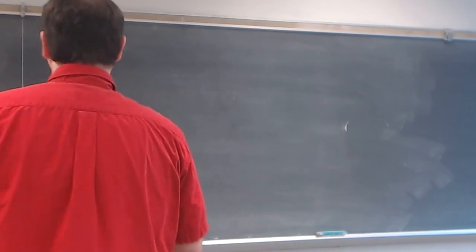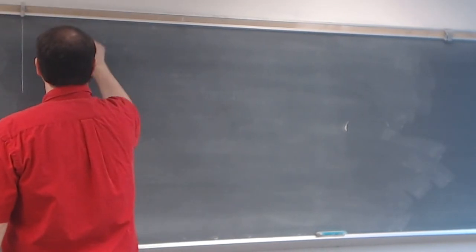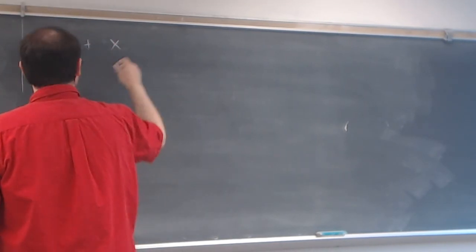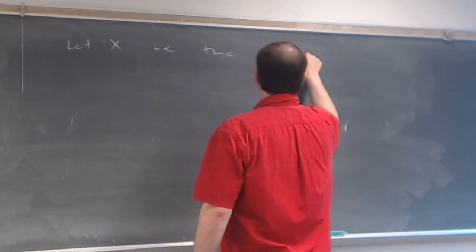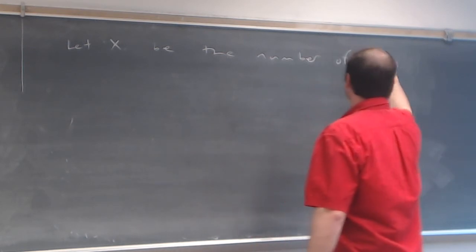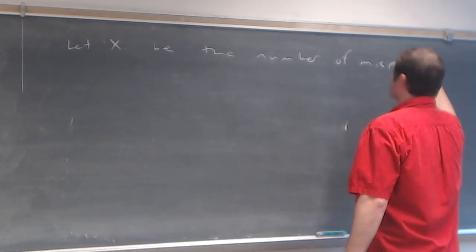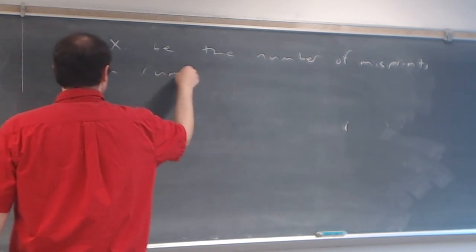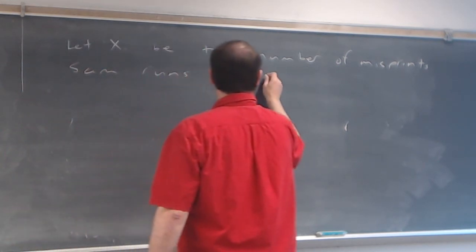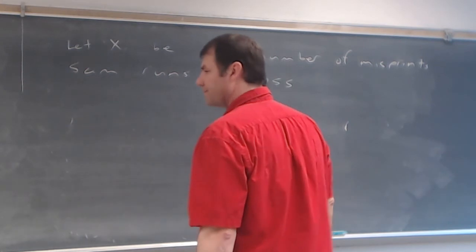So here, we let x be the number of misprints Sam runs across. Okay.